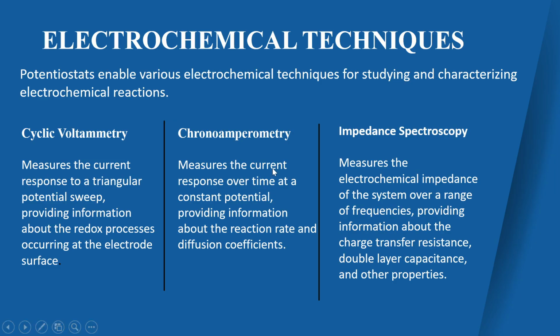It measures the current response over time at a constant potential, providing information about the reaction rate and diffusion coefficients. Then impedance spectroscopy. It measures the electrochemical impedance of the system over a range of frequencies, providing information about the charge transfer resistance, double layer capacitance, and other properties.